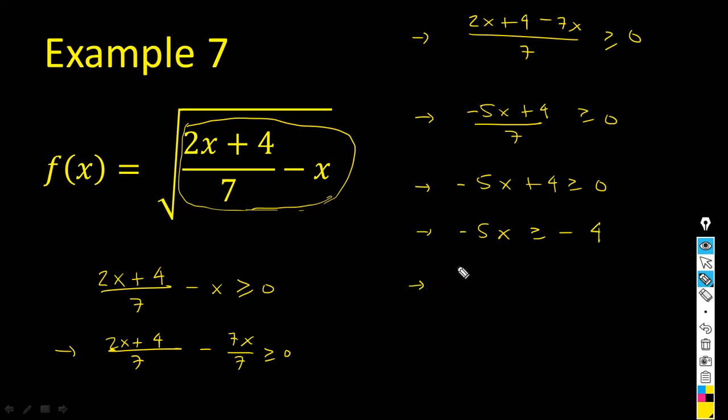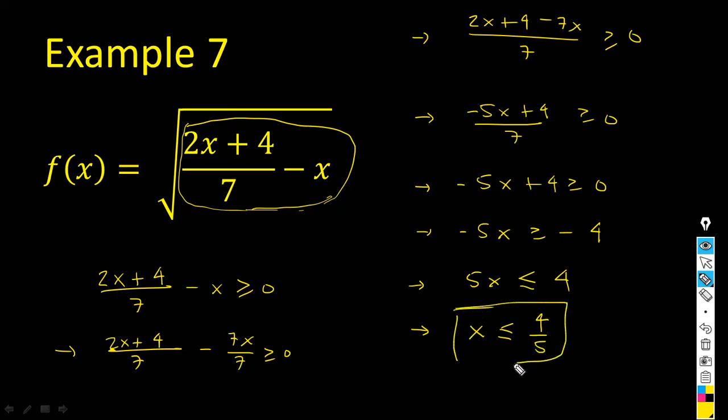Next, let's multiply by minus 1 in both sides, and you're gonna get this 5x. You flip the direction because I multiplied by minus 1. And finally, we divide over 5. So look at all of this.